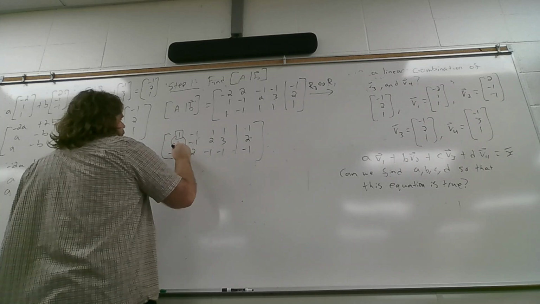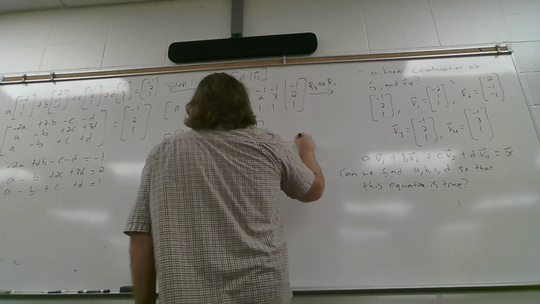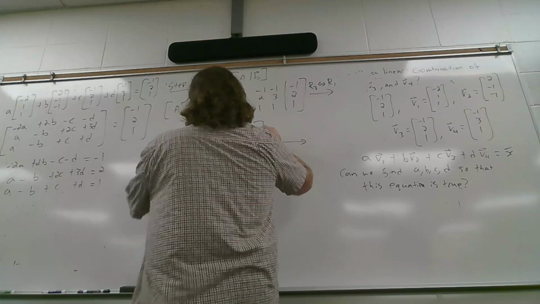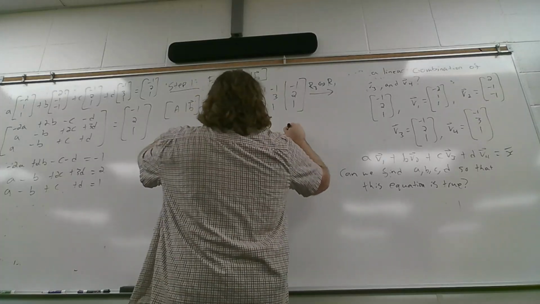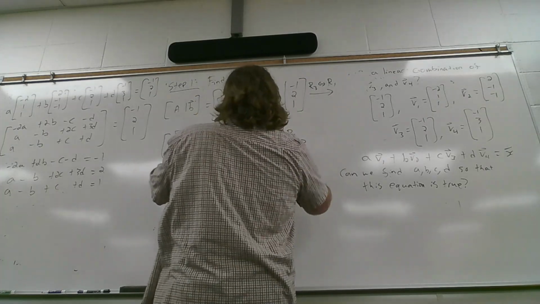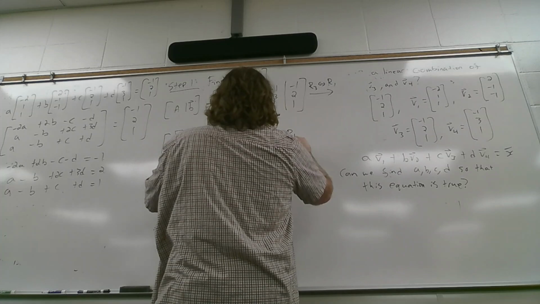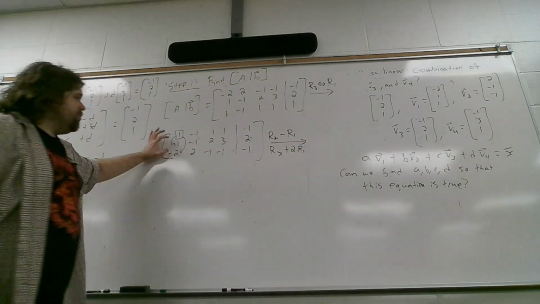I'm going to use it to make zeros below. So that means we're going to take row 2, and we're going to subtract row 1. And row 3, we're going to add 2 times row 1, because that turns this into a 0, right?